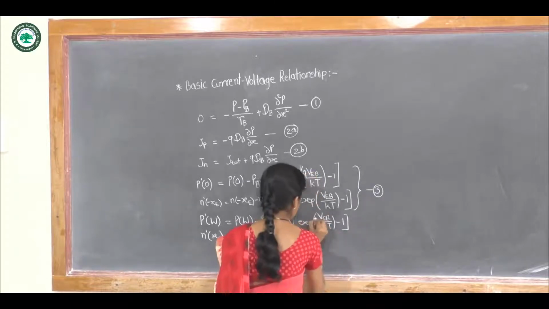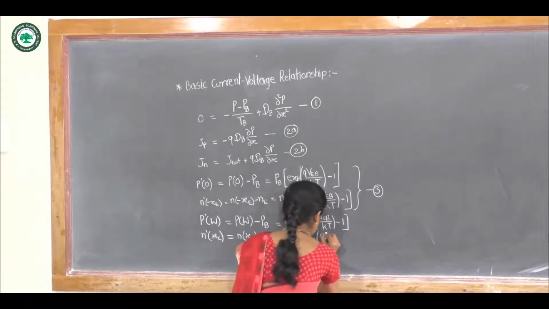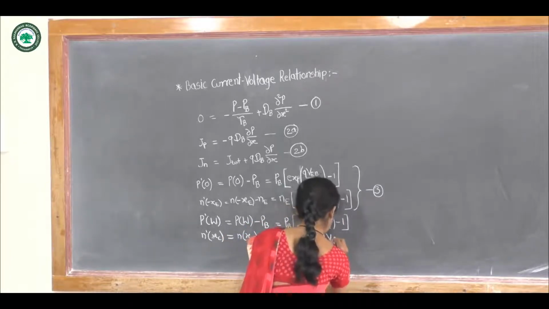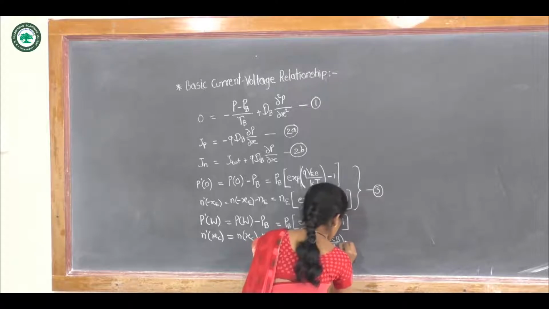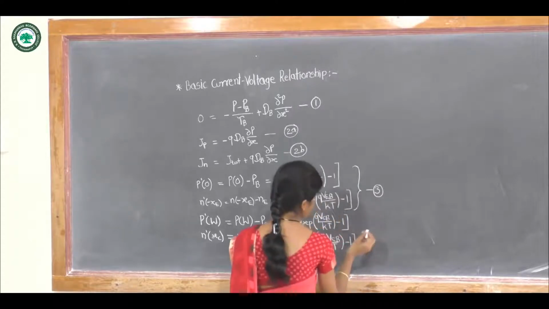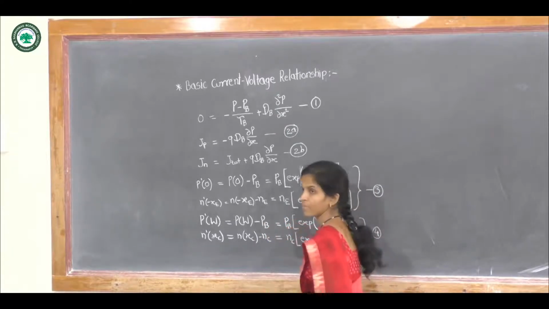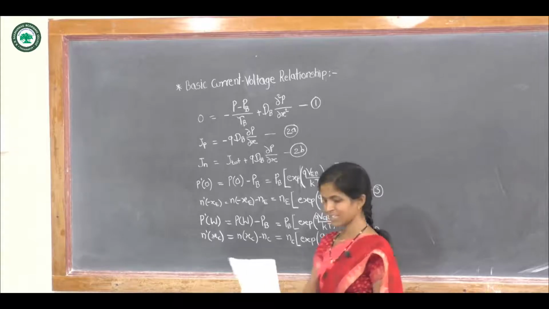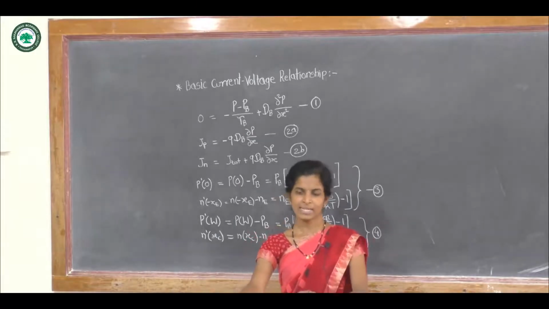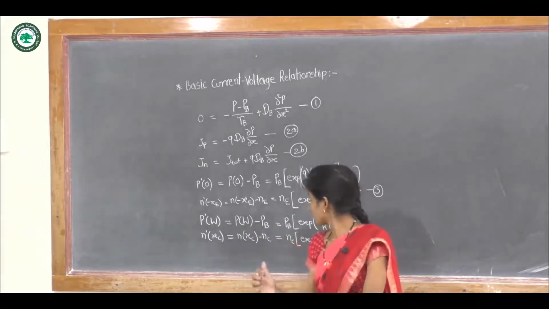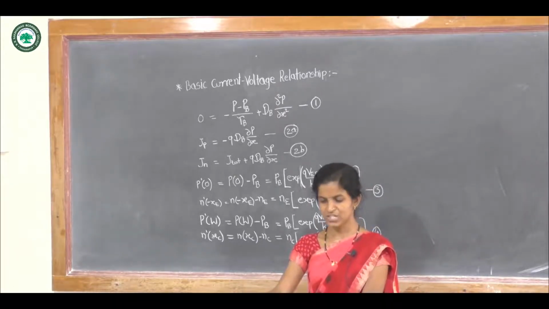Here must be q, I have forgotten. So these two equations comprise equation number 4. So equation number 3 shows the set of equations for the emitter junction, and equation number 4 gives the set of equations for the collector junction.